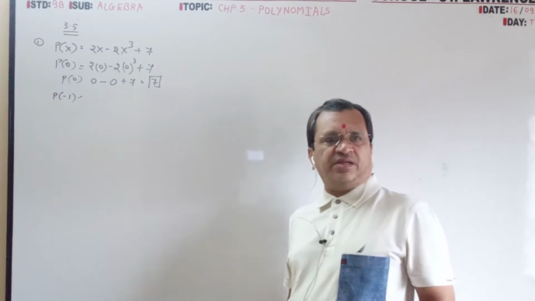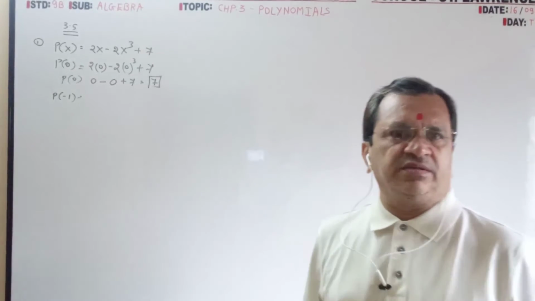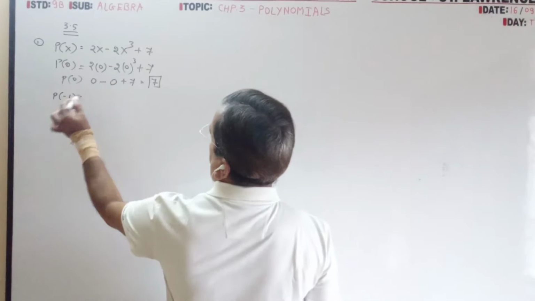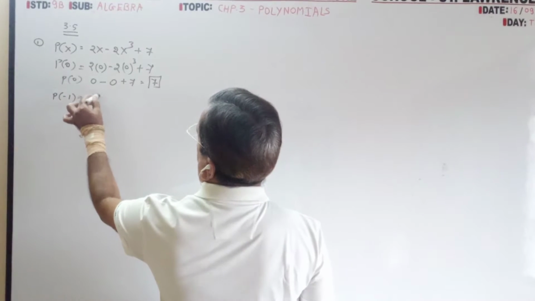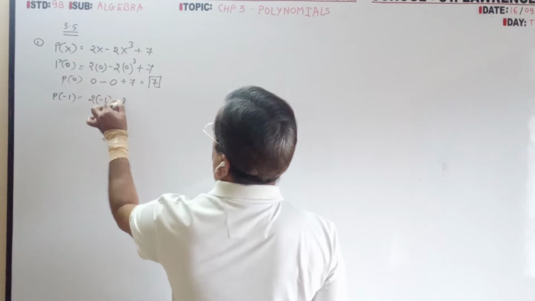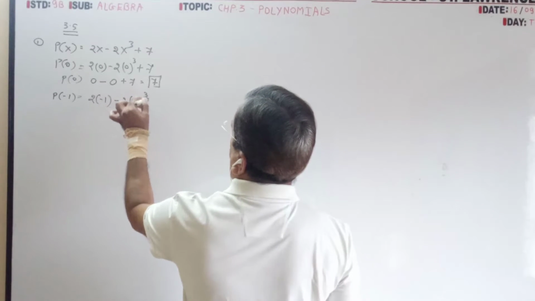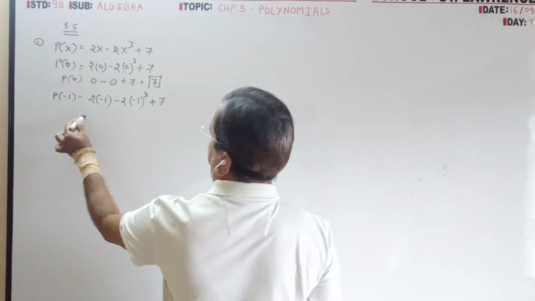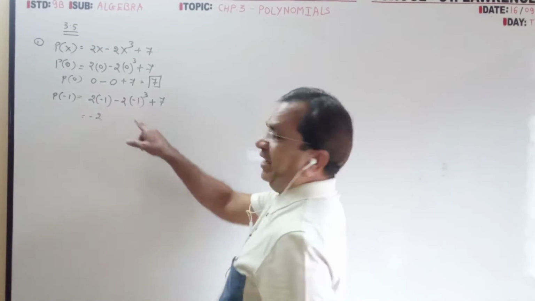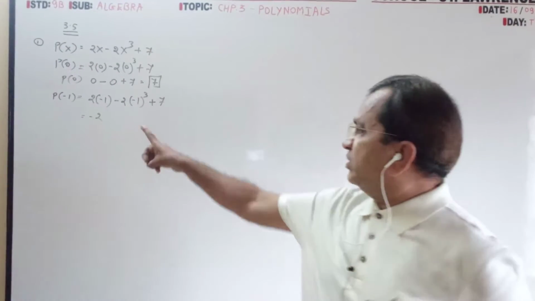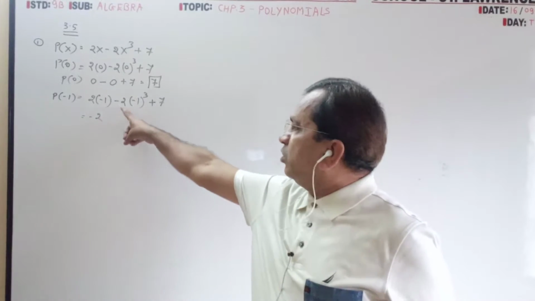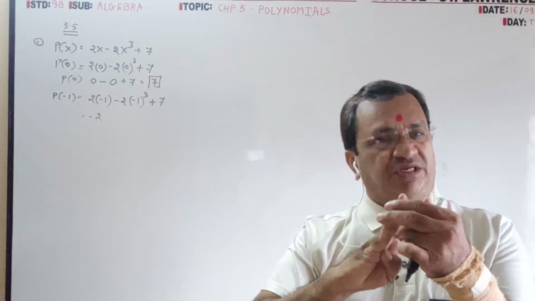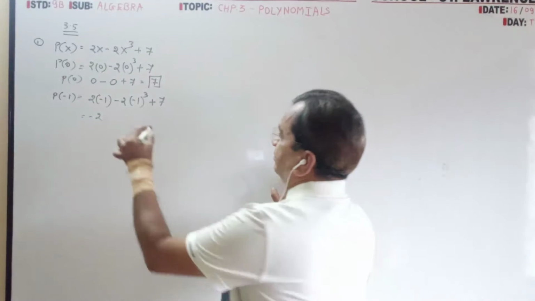Exactly. Now for minus 1: 2 into minus 1 cube. Minus 1 only one time, minus 1 three times for this bracket, one time for this. So four times minus, minus minus plus, minus minus plus plus plus plus.